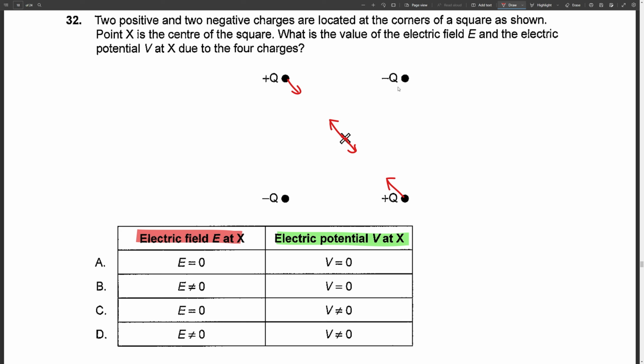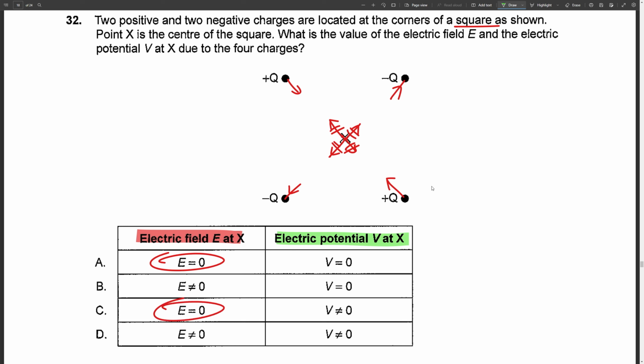And it will be going radially inward because of the negative charges in the corners. You can see that it is a square, they are at equal distance and they have equal magnitude. Therefore, all these electric fields are balanced, they are cancelled by each other. Then the electric field at X should be 0.